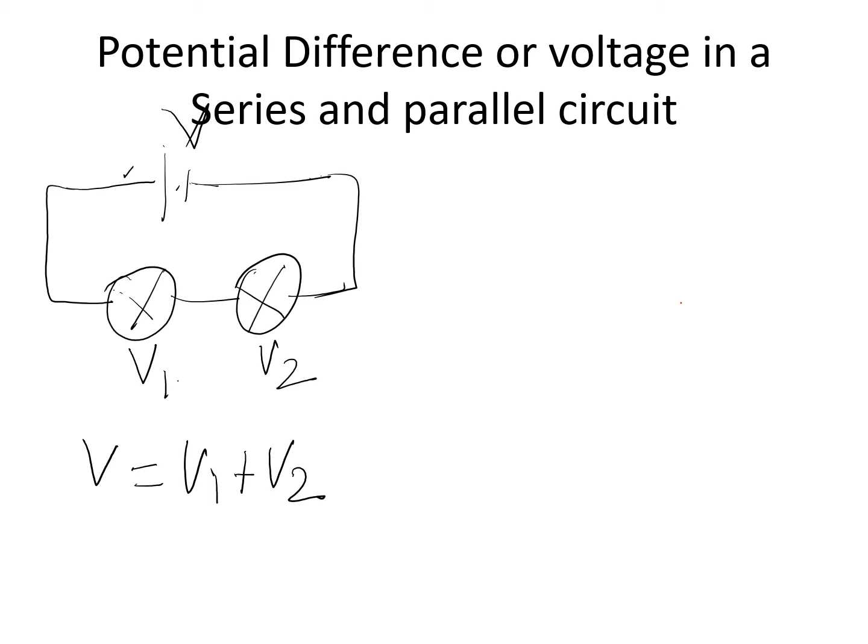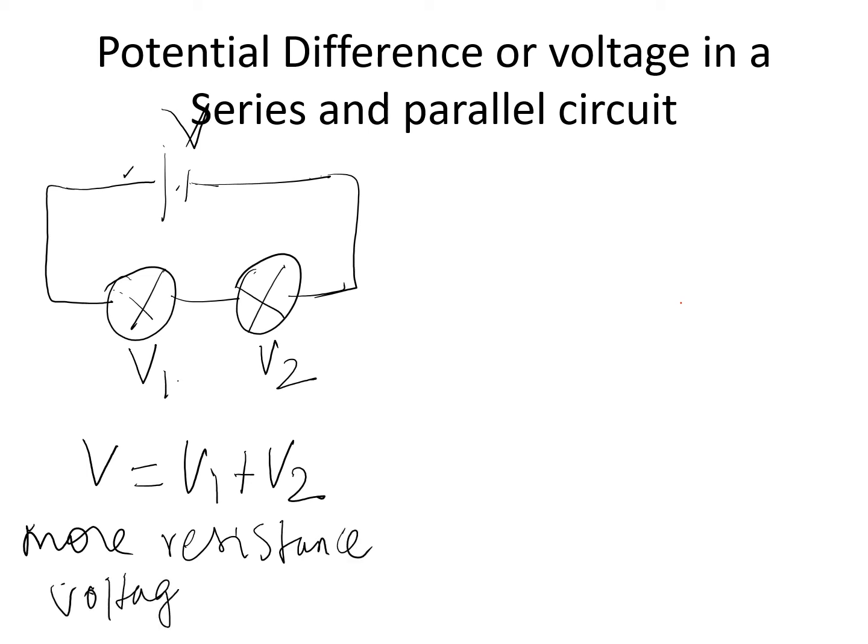As I said before, may be split equally, may not be split equally. It depends on the resistance. Here we have two similar bulbs, meaning two similar resistances, so they will be split equally. Otherwise, whichever resistance is more, the voltage will be more across that.